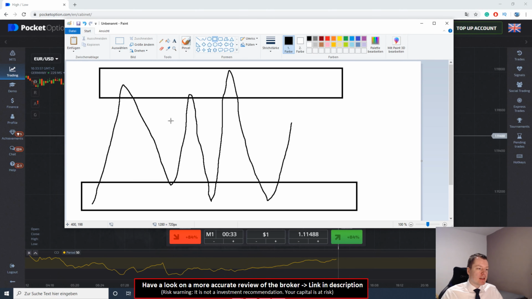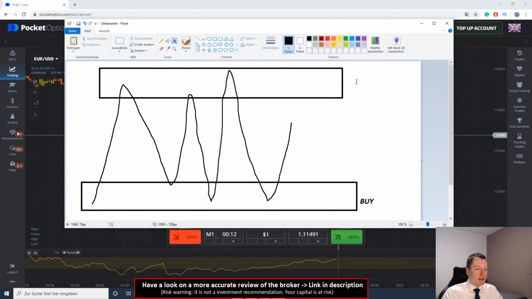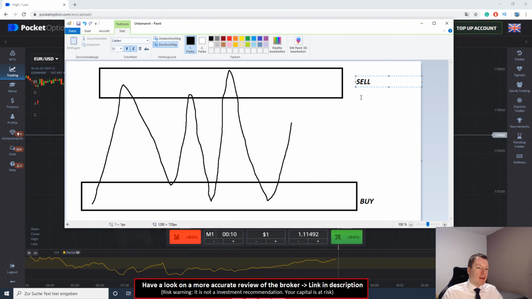What you can see in this example is a clear chart range of the market. Most traders, if they see that, sell up here and buy down here. I will write it here: buy on this price area and sell here.